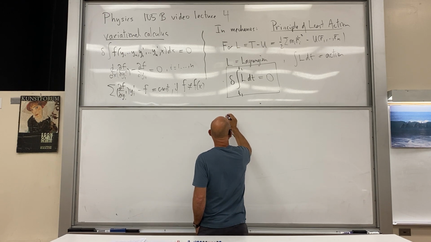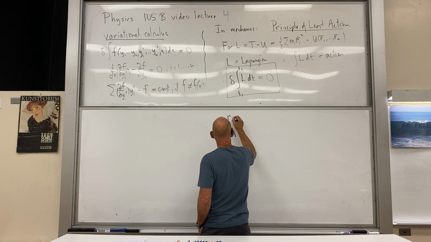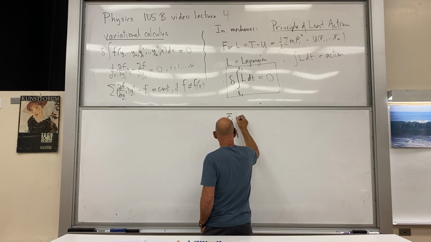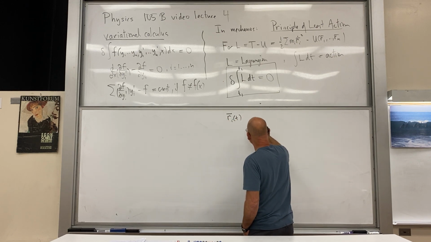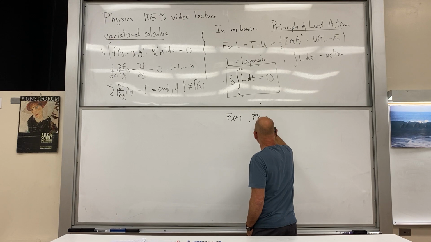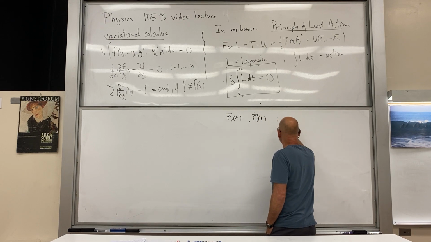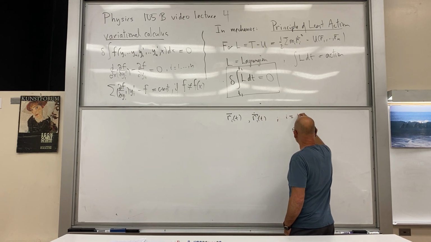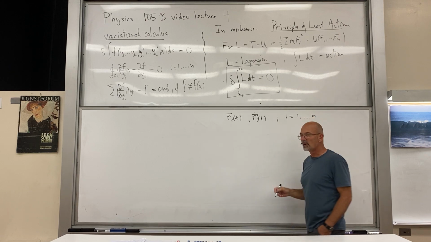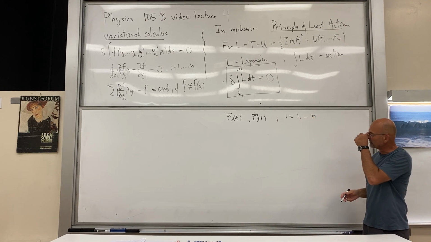We have r sub i of t, r sub i dot of t, i equals 1 to n. Suppose we have n particles, 3n degrees of freedom.